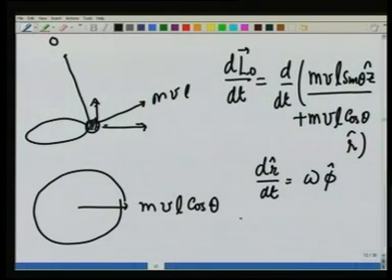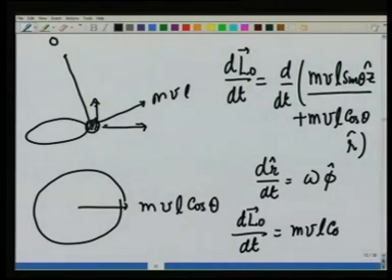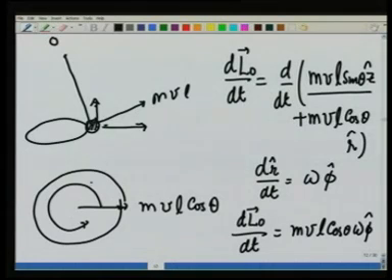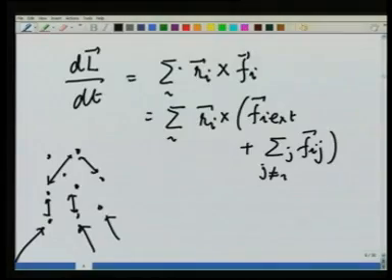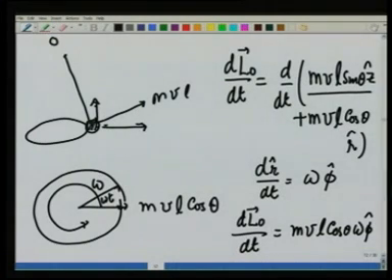And therefore, I get dL_O by dt as m v L cosine theta omega, and we will see what omega is, in the phi direction. You could have also checked this because this vector is rotating in this direction with angular frequency omega, therefore the change has to be m v L cosine theta times omega. When it moves here in time t, this change is roughly m v L cosine theta omega t. You divide by time and you get this answer.